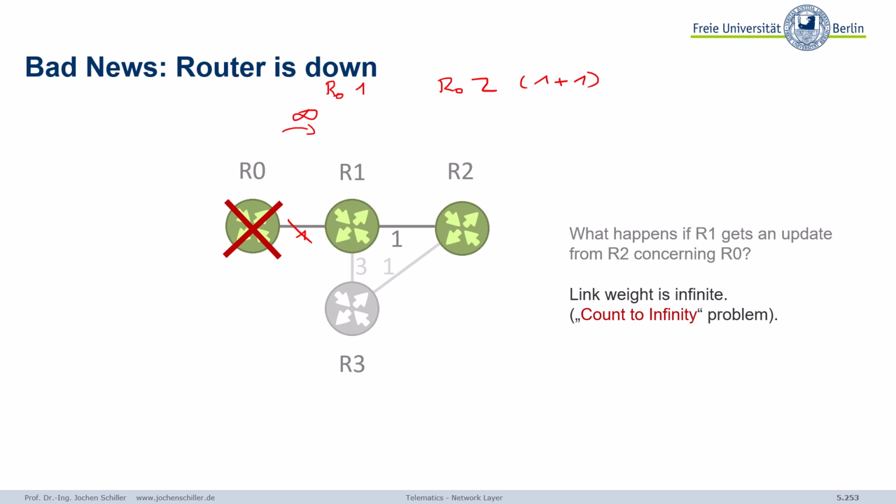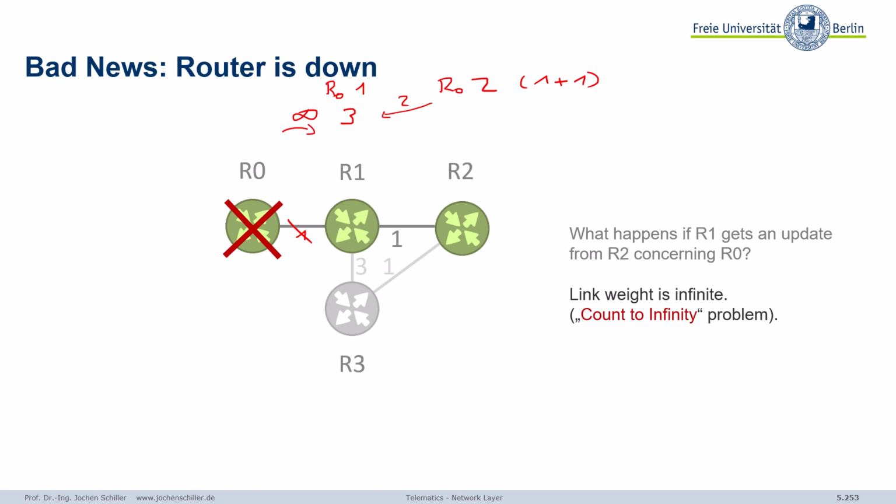Then router 1 says, okay, from the left side I get infinity, doesn't exist. But from the right side I get the report, oh, the distance is 2. Then I know the distance to R1 is 1, so I know the distance is 3 now to R0.